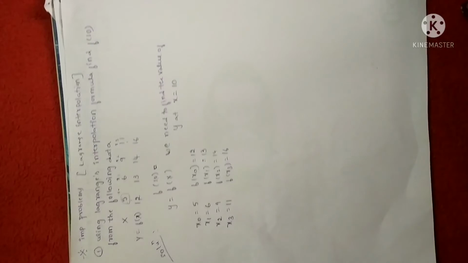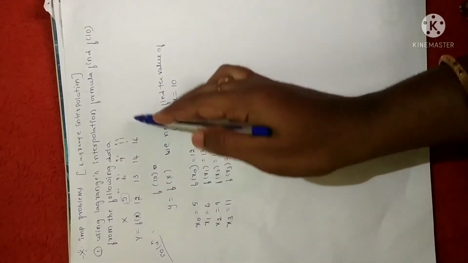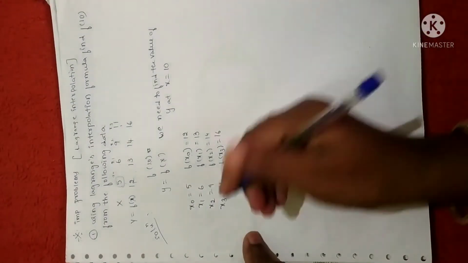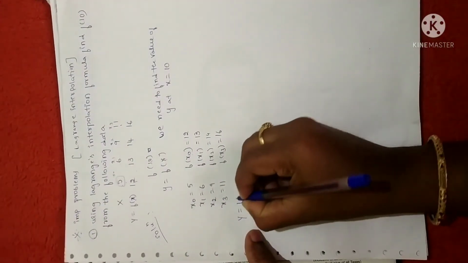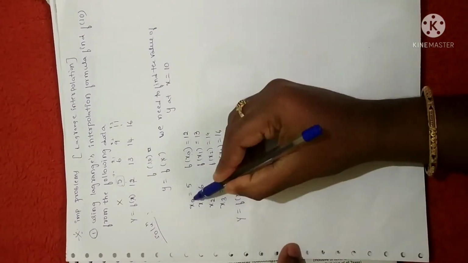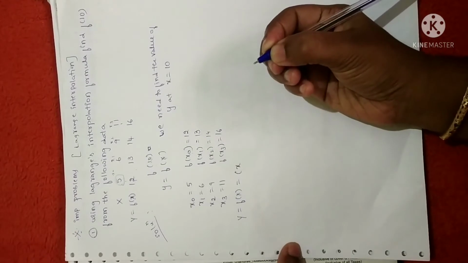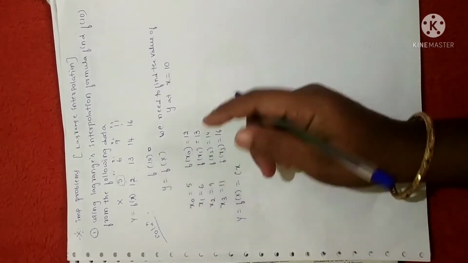Clear? Now, as usual, it is 4-point, so you have to use the Lagrange 4-point formula. For the first problem, I will be explaining how to remember the formula. Here y is equal to f of x is equal to, now x0, x1, x2, x3 we have. First you just write x. Now you leave x0. The first value you leave.